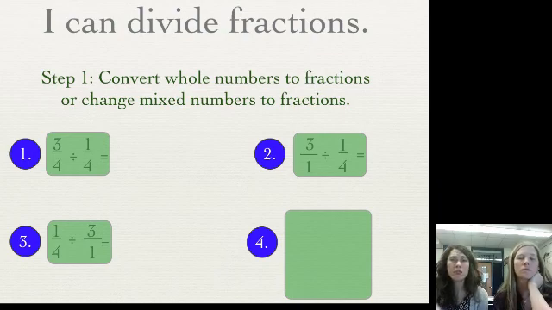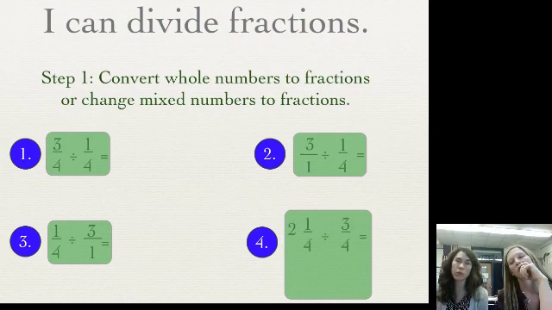Now number 4 is a little bit harder. This is applying what you learned earlier when we went over fractions. You have 2 1/4 divided by 3/4. So in this case, you do have to remember your good old skills on changing a mixed number into an improper fraction.